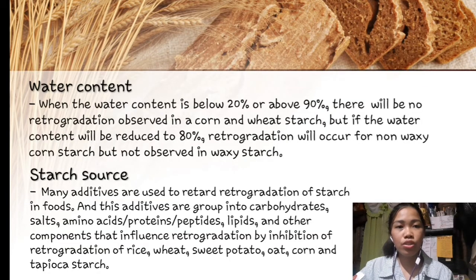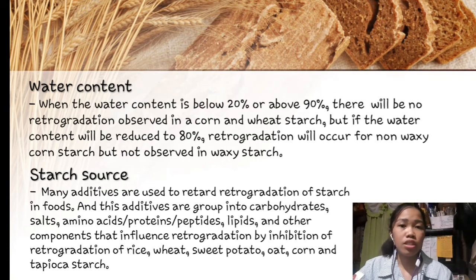When the water content is below 20% or above 90%, no retrogradation is observed in corn or wheat starch. But if the water content is reduced to 80%, retrogradation will occur for non-waxy corn starch but is not observed in waxy corn starch.